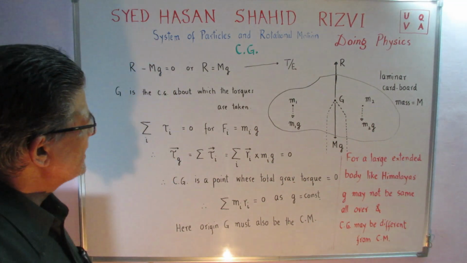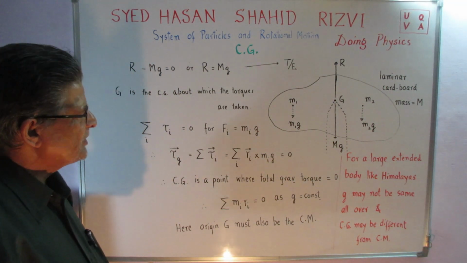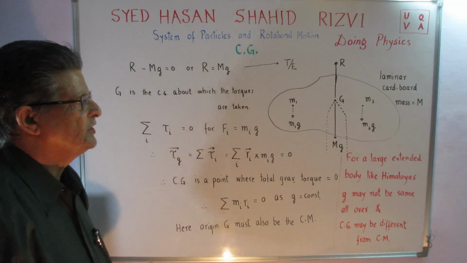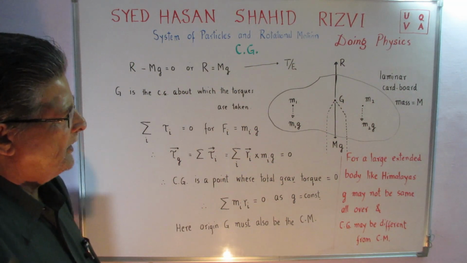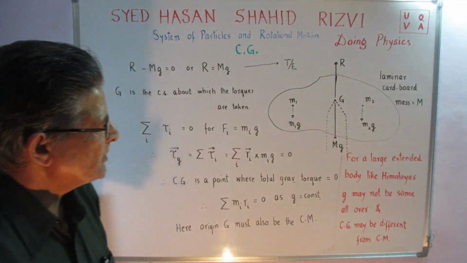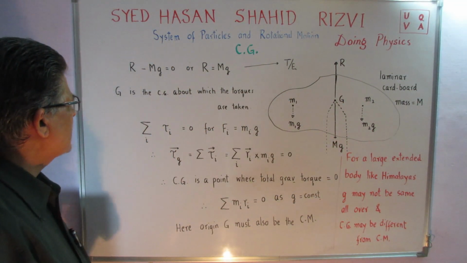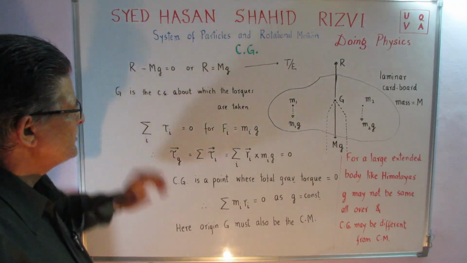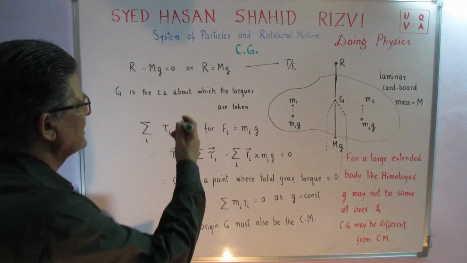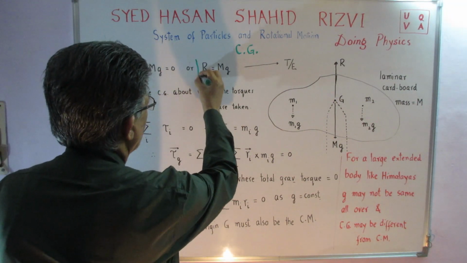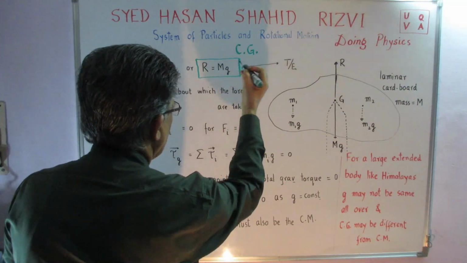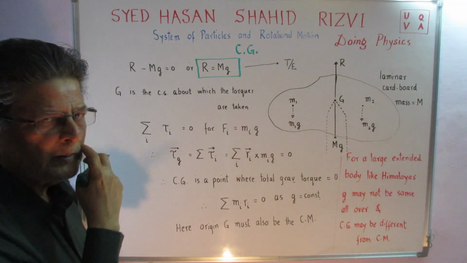So for translational equilibrium, we have two forces acting in the same line, equal and opposite to each other, and therefore I get R minus mg is equal to 0. So for translational equilibrium, I have a simple relation that my reaction must be equal to mg.